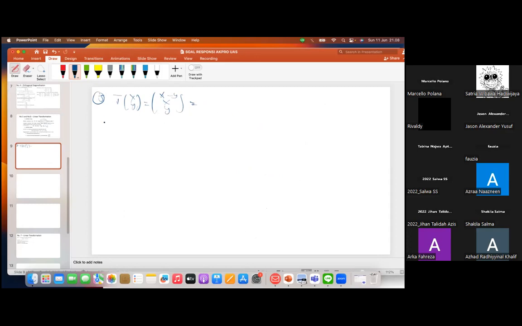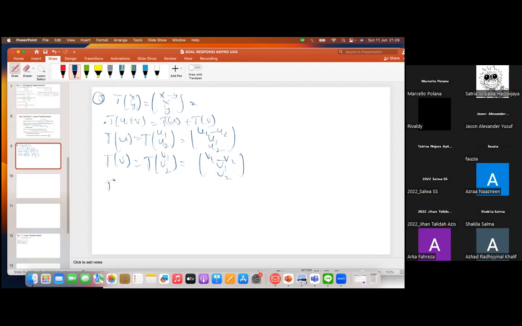Now we're going to prove axiom 1, which is T(U plus V) equals T(U) plus T(V). First we identify T(U), which is T(U1, U2). So this is U1 minus U2, and this is U1 and U2. For T(V), the concept is the same, which is T(V1, V2) equals V1 minus V2, V1, V2.